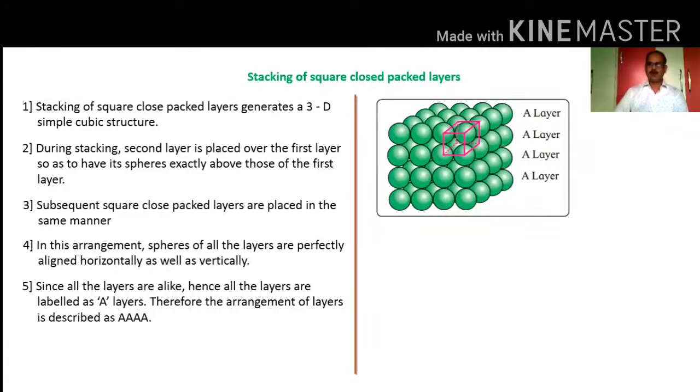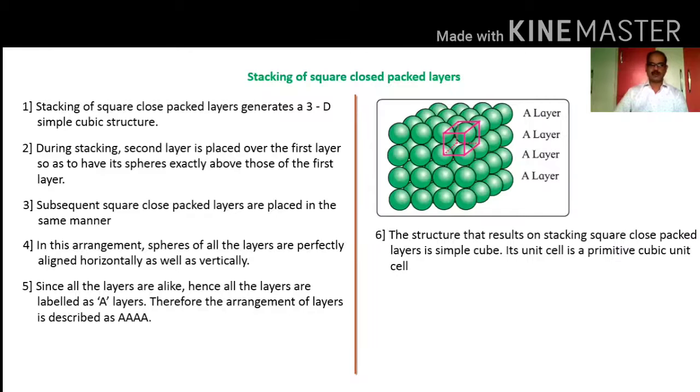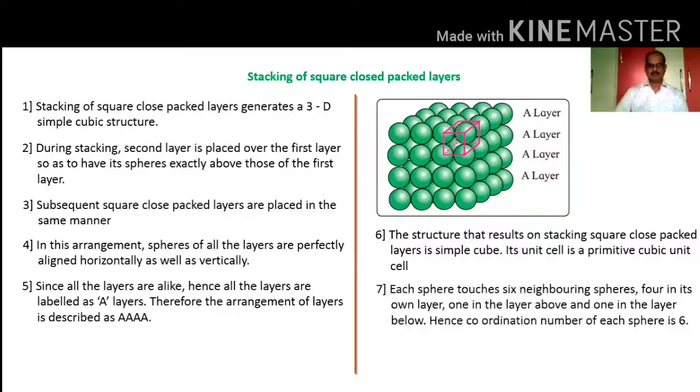So, the arrangement of the layers is described as A type of three-dimensional arrangement. If you see the figure carefully, then the structure that results due to stacking of square close packed layers is a simple cube, meaning the unit cell is a primitive cubic unit cell or simple cubic unit cell.